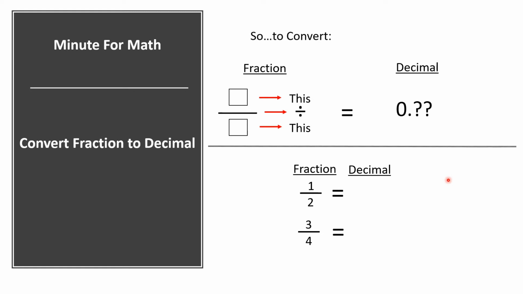Fraction converted to a decimal, 1/2 equals 0.5. All right, 3/4 equals 0.75. So 1 divided by 2, 0.5. 3 divided by 4, 0.75. Tell me that ain't it.